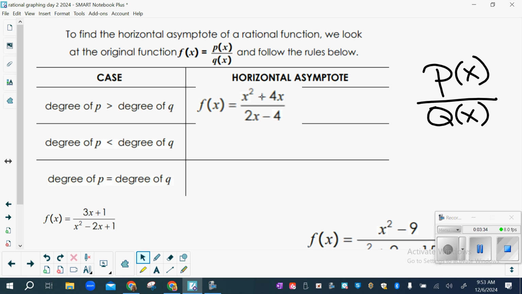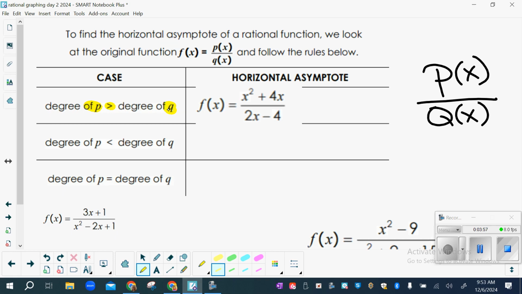What the first area is talking about, it's saying that the top guy is the tough guy. It's saying P is the tougher guy. He's bigger than Q. And you're like, how are you even deciding that? And it's super easy. You're just going to eyeball it by looking at their degree.